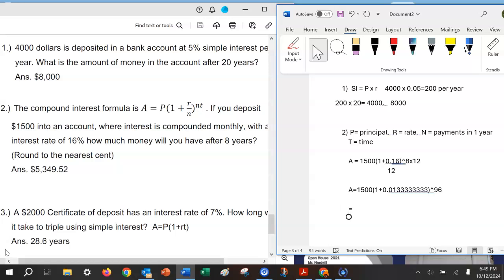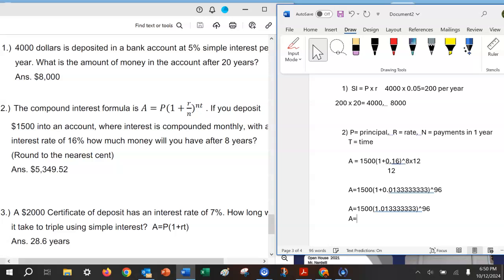So when I come down here, my 1500, that's my last computation. I will add what I have on the inside to get 1.01333333 to the 96th power.